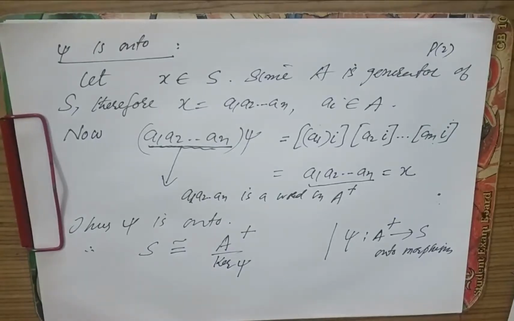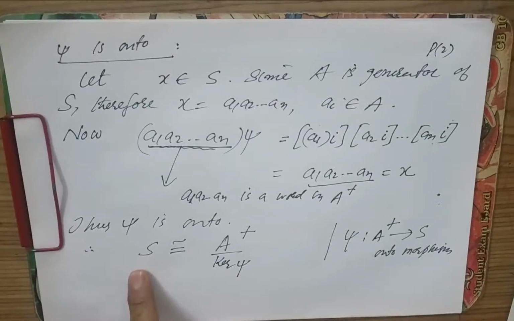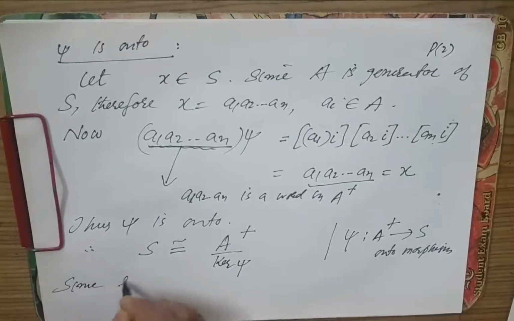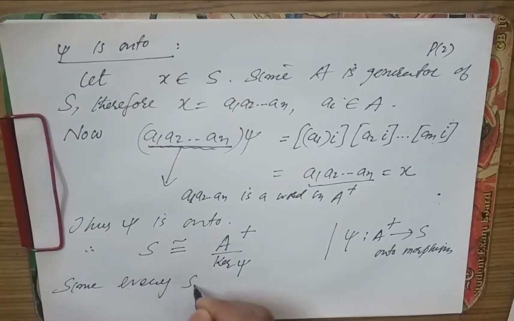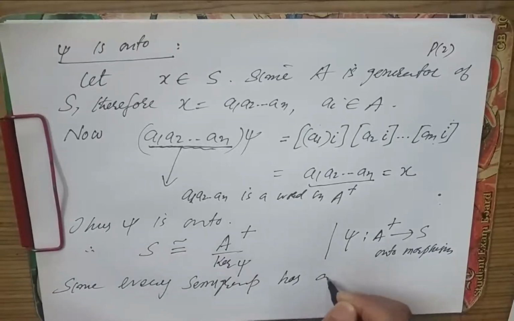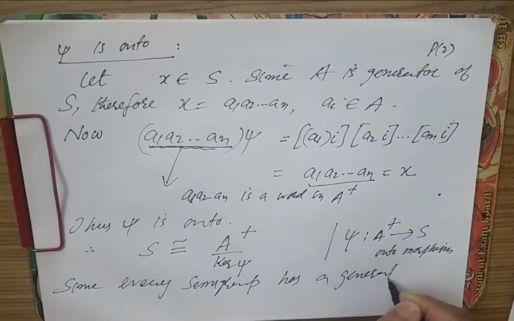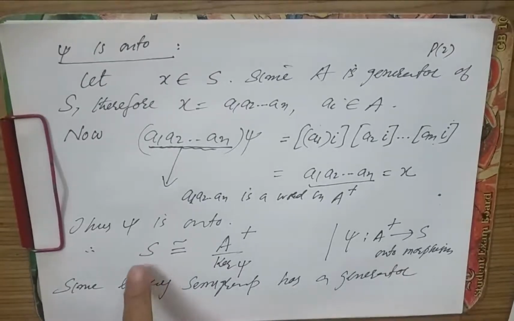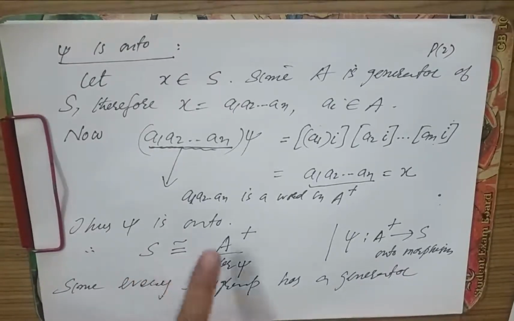So now every semigroup S has a generator. Whenever semigroup S has a generator, say A, then S is also isomorphic to some quotient of a free semigroup. Since every semigroup has a generator, S can itself be treated as a generator of S. There is no harm in that.